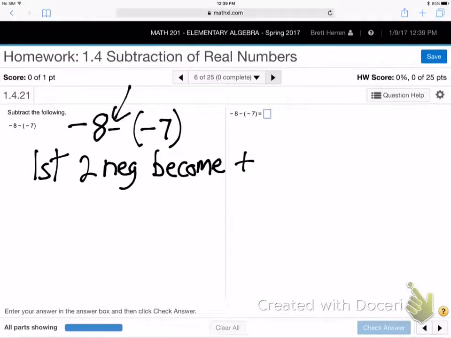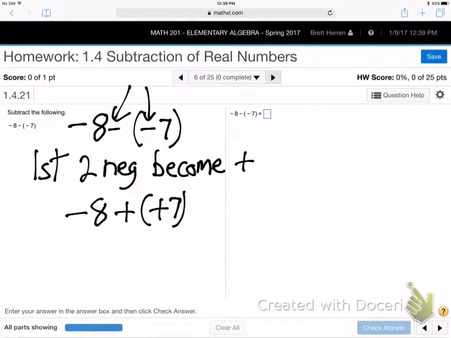And I mean these two. The two that are head to head, the two that are right next to each other, huh? So then the negative on the 8 stays there, but the other two become positive. We good with that? Kind of getting scribbly there. So that's the first step. Two negatives head to head, make them positive.